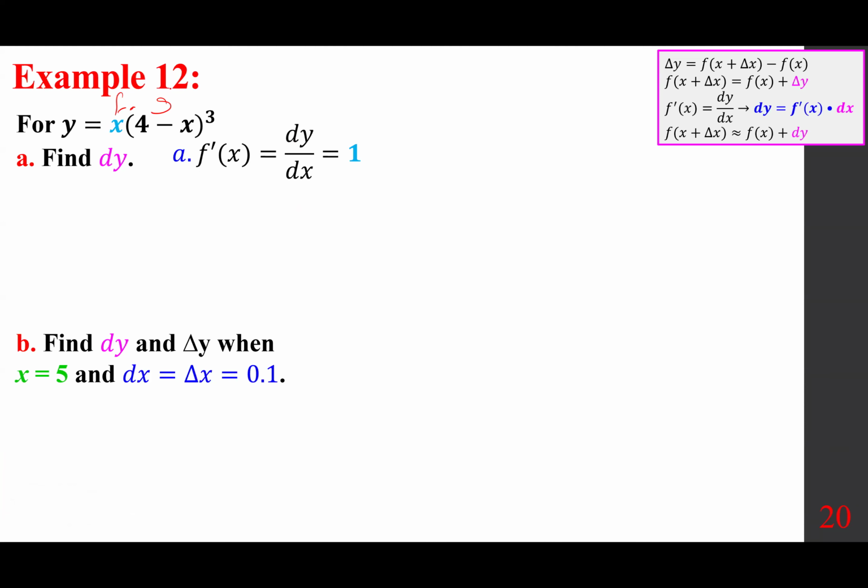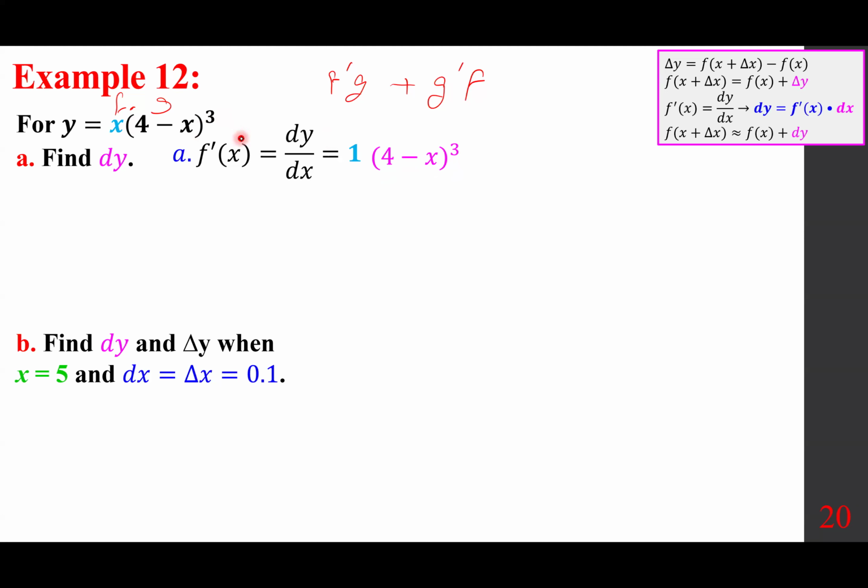And we are going to use the product rule, which gives you f prime g plus g prime f. So f is x, the derivative is 1 times g, which is 4 minus x quantity cubed, plus g prime.